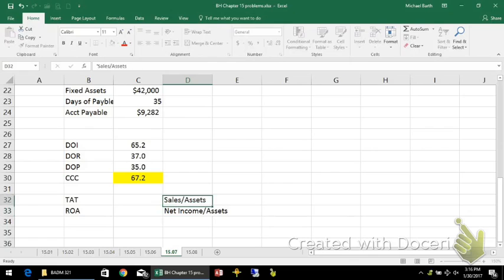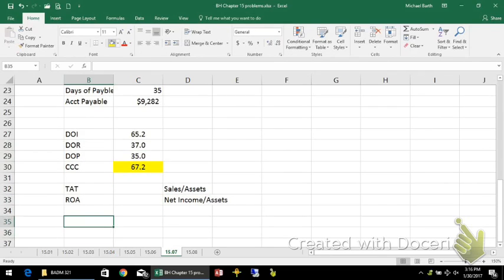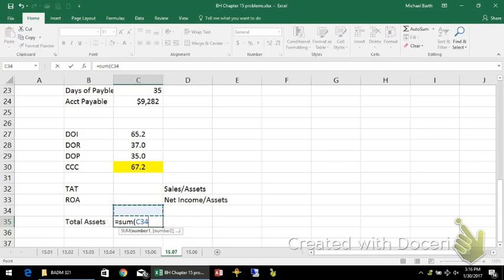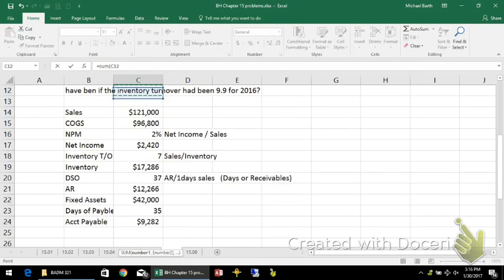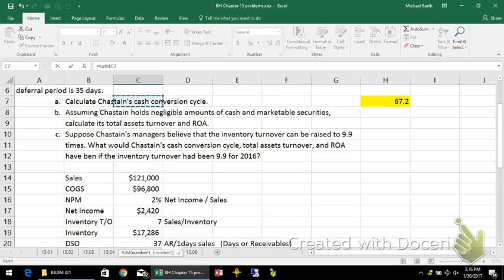To get total assets, that would be the sum of the negligible amount of cash and marketable securities. We'll set that to 0.